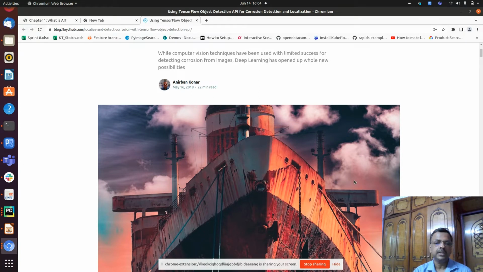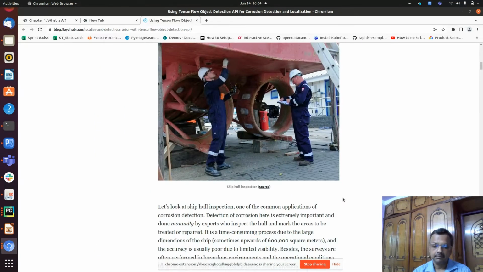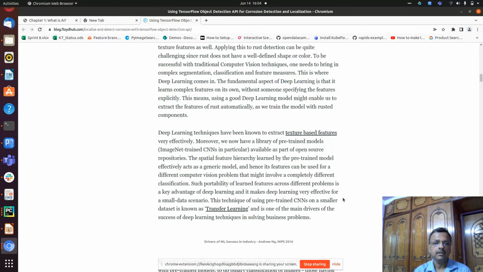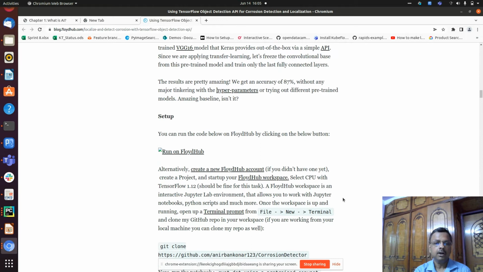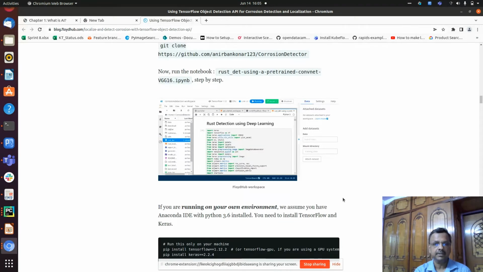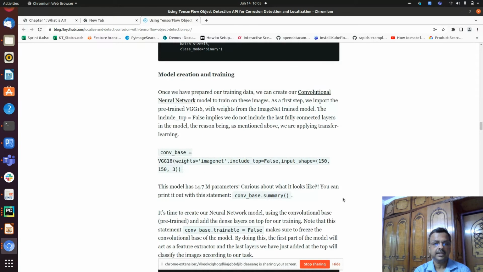And we could show that it detects corrosion from the dark brown hues in the image quite effectively. This was written roughly about 3 years back, and I am happy to say I got a congrats from Francois Chollet himself on Twitter when I shared the link with him. So this is the basic concept of transfer learning, which is given here: the conv base with weights equal to ImageNet.